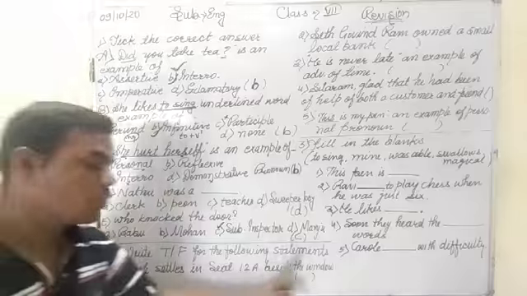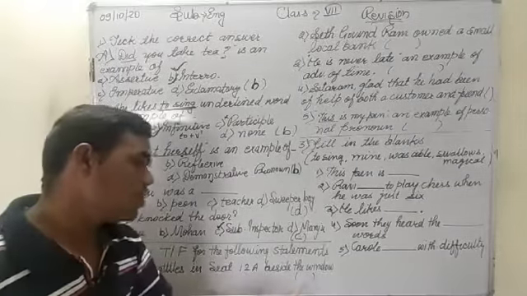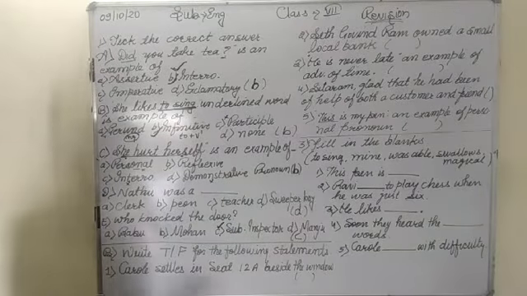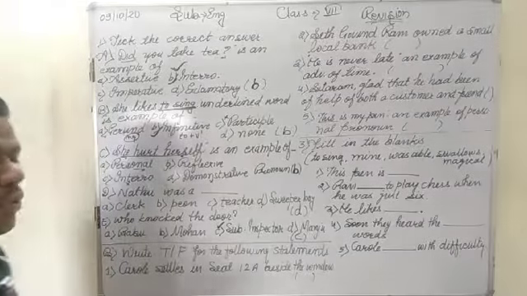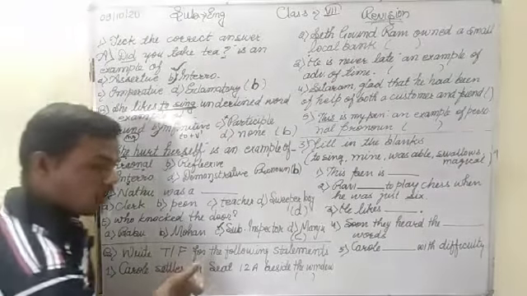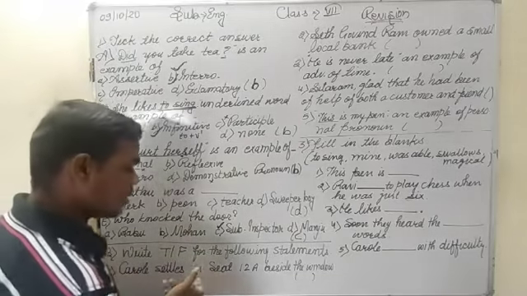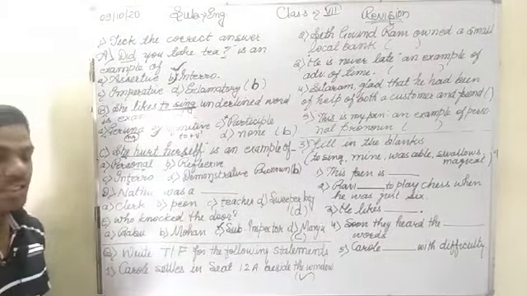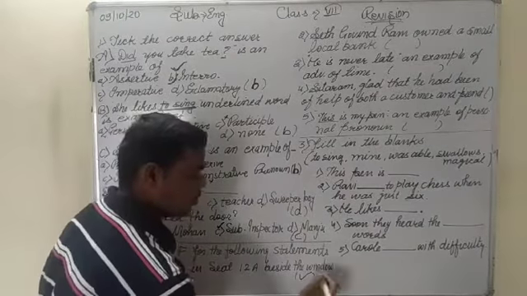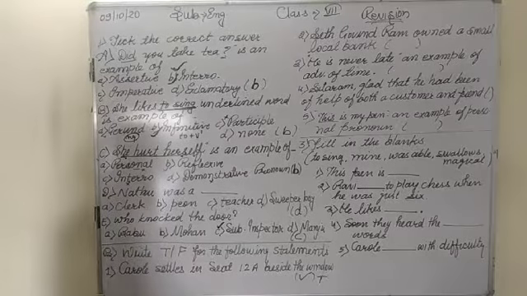Now, dear students, come to true false. "Carol settles in seat 12 beside the window." It is an example from chapter number 3. It is a right answer, so it is true. Second, "Seth Govindram owned a small local bank."